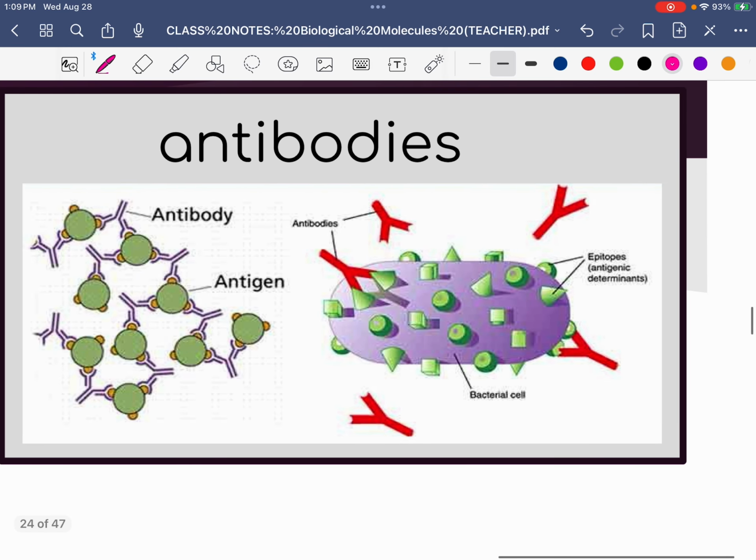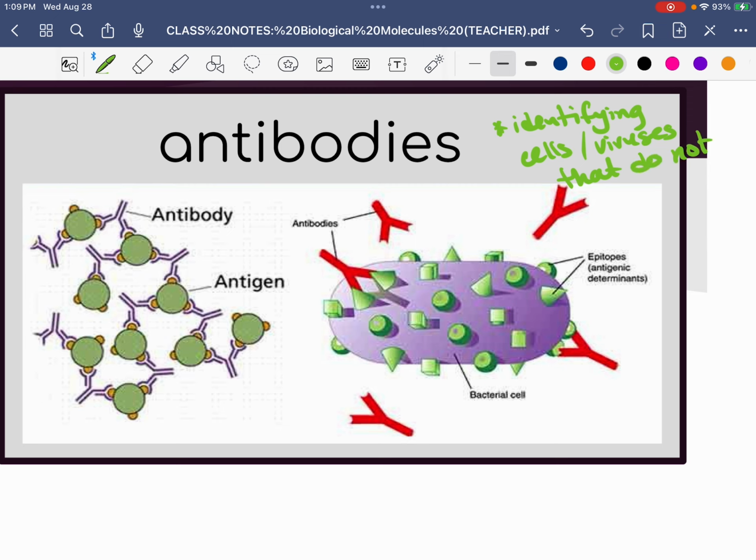Here are the antibodies. Remember, this is part of our immune system. These antibodies are identifying cells or viruses that do not belong in our body.